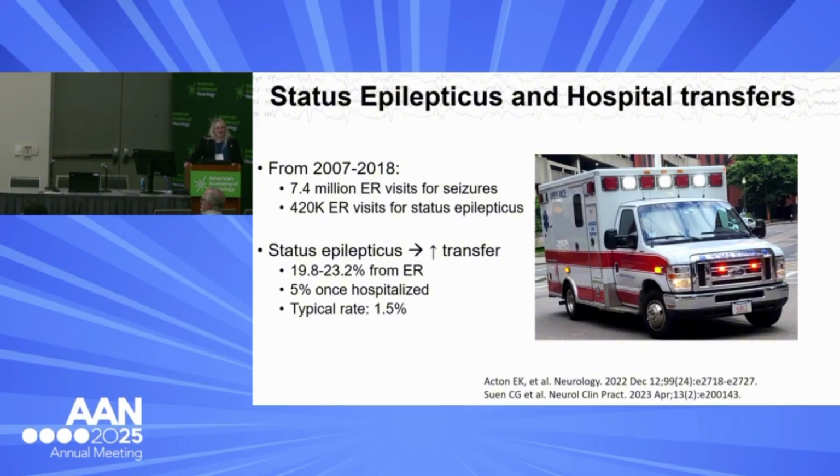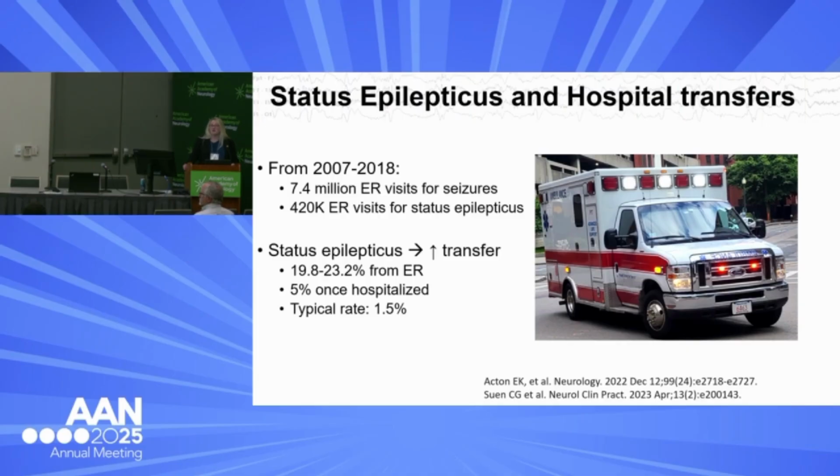If you look at the statistics about status epilepticus and hospital transfers, between 2007 and 2018, there were 7.4 million emergency room visits for seizures and 420,000 emergency room visits for status epilepticus. Compared to many other diagnoses, the diagnosis of status epilepticus is associated with a very high incidence of requiring transfer to another facility.